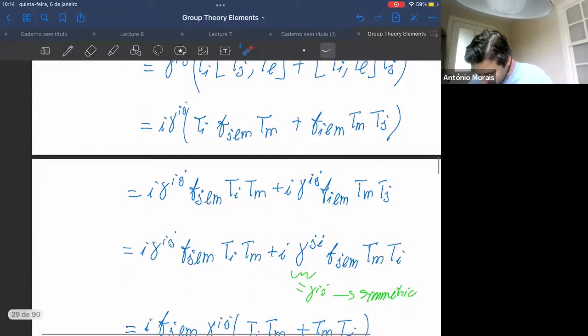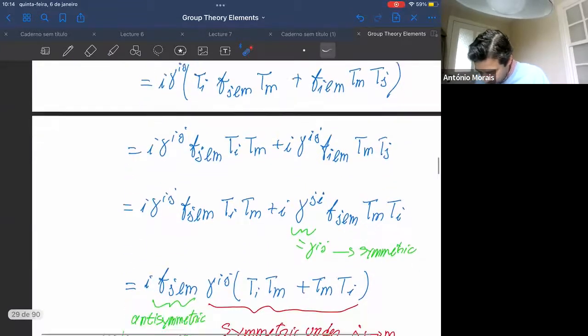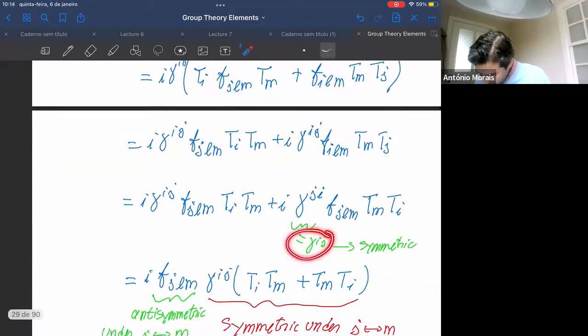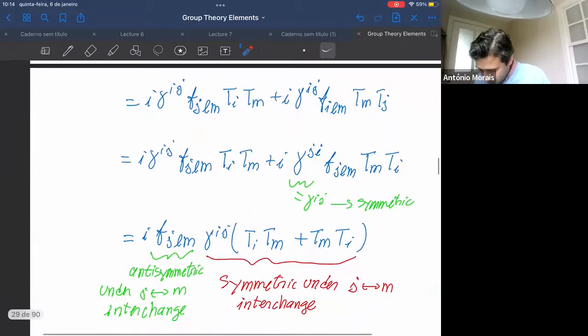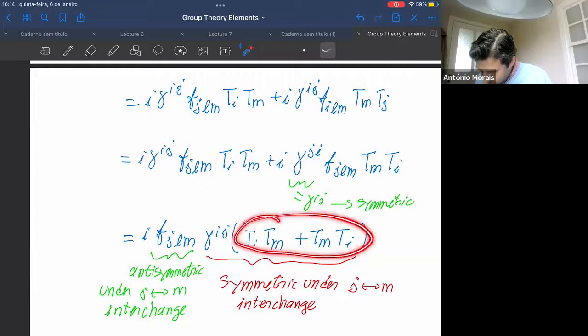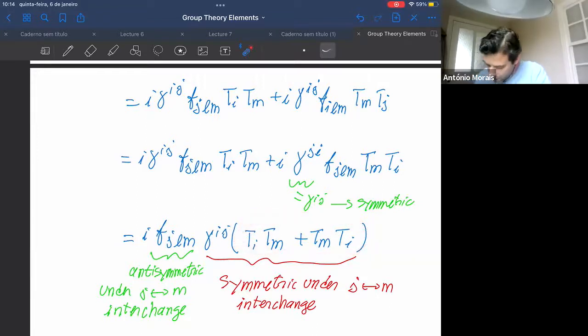And the trick here is that at the end you have a symmetric operator, so this ij is a symmetric tensor. Let's say this object here is also symmetric under interchange of j and m.